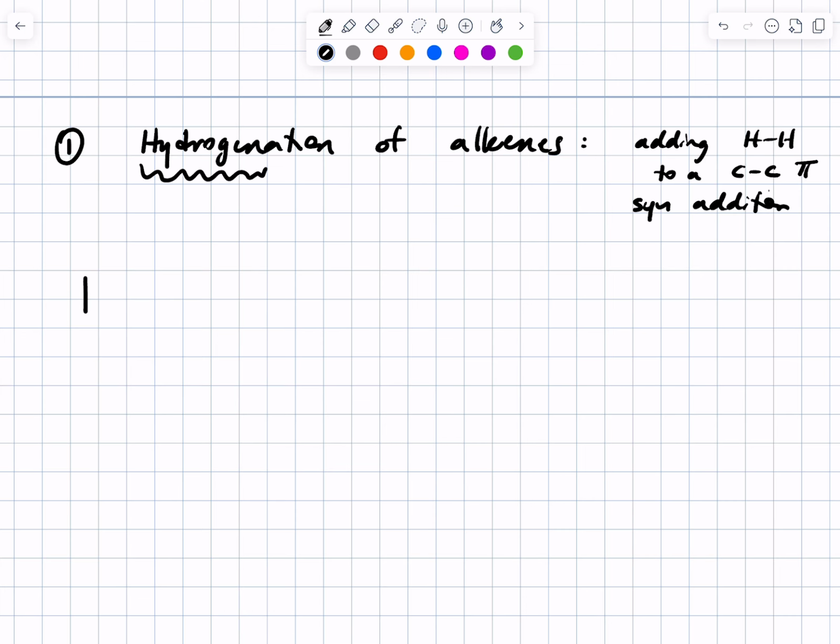So you learned on exam 2 that it is thermodynamically favorable to take hydrogen, I'll just write H2, and add it across a double bond to convert an alkene into an alkane.